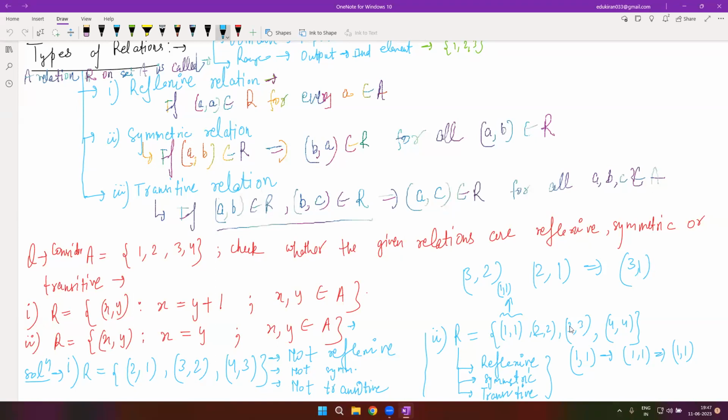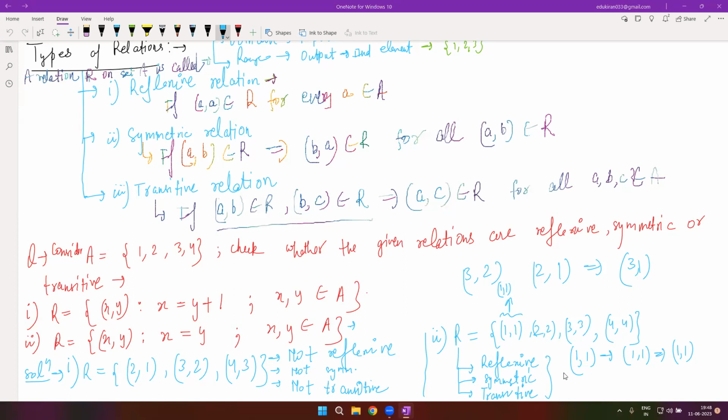Yes, Faiza Shavez, did you understand this? Yes, sir. What about Faiza? Okay, fine. So one more thing, Austin, did you understand this reflexive, symmetric and transitive? Yes, sir.